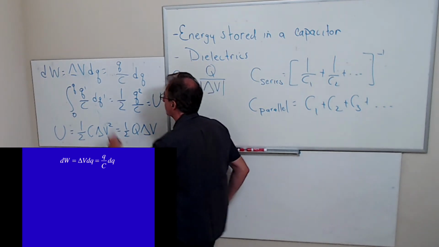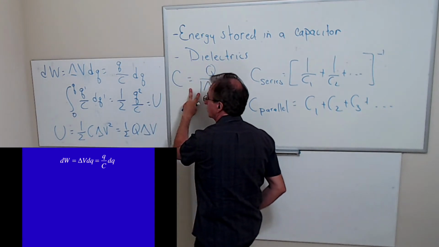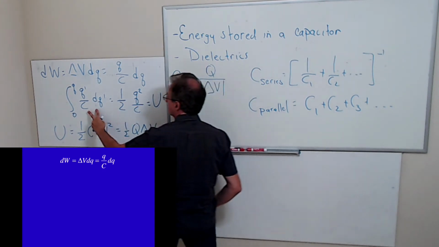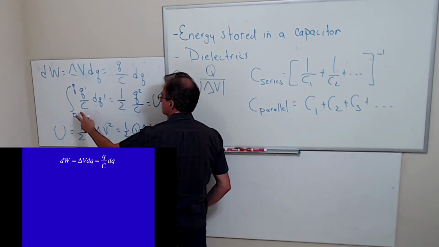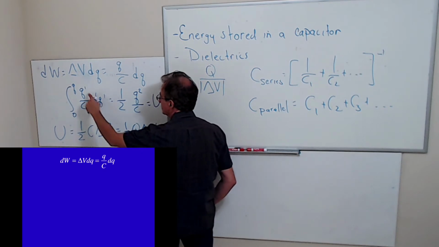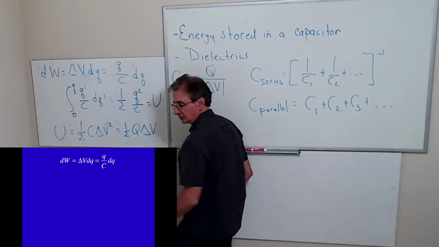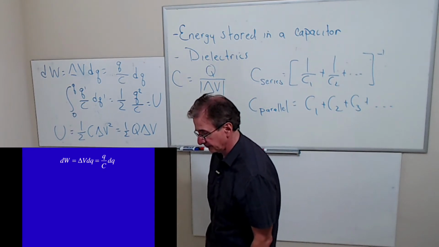And so I rewrote my delta V as Q over C using this definition. Then I integrated this equation from some initial value 0 to some final value Q, changing the variables to primes as dummy variables.